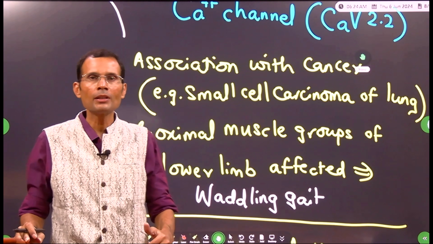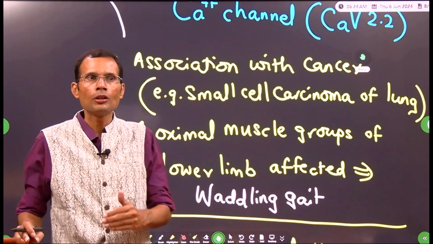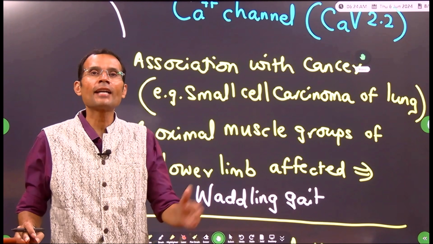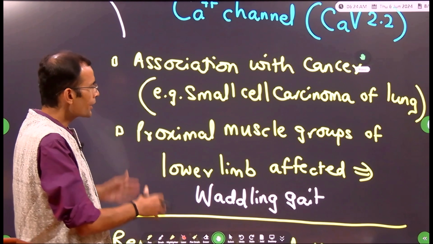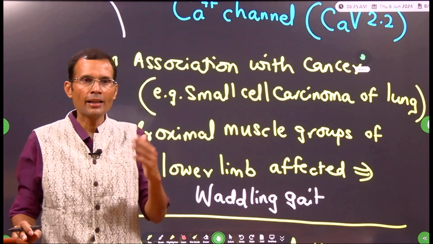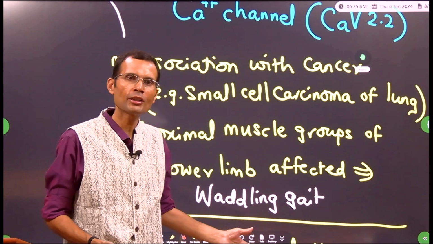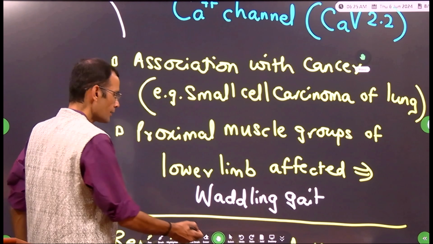The people suffering from cancers, they have been shown to produce these antibodies, particularly small cell carcinoma of the lung. This is a cancer that has been shown to produce these antibodies, resulting in muscle weakness.